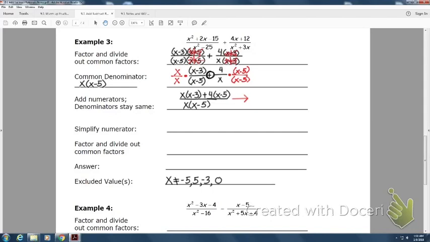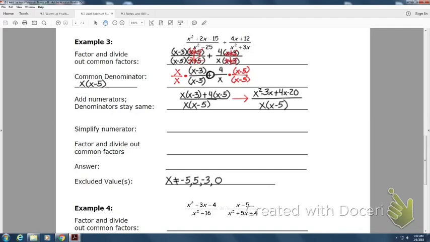Okay, so I will distribute the x into x minus 3. So I have x squared minus 3x. I'll then distribute the 4 to get 4x minus 20. And that is all over my greatest common factor.